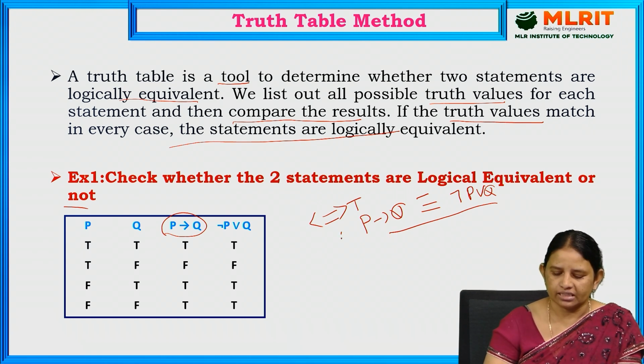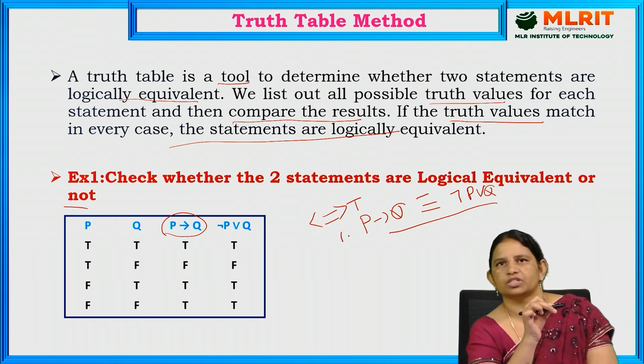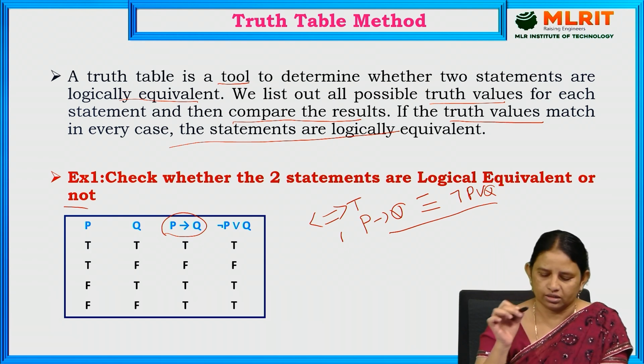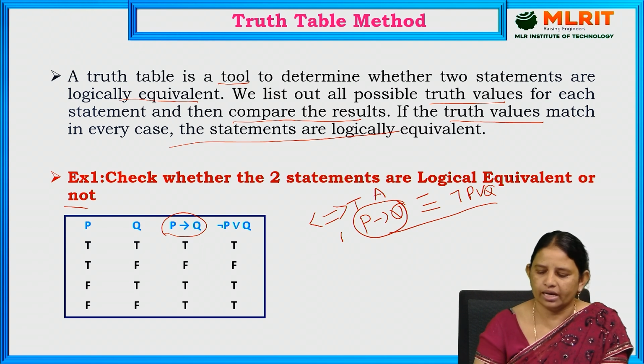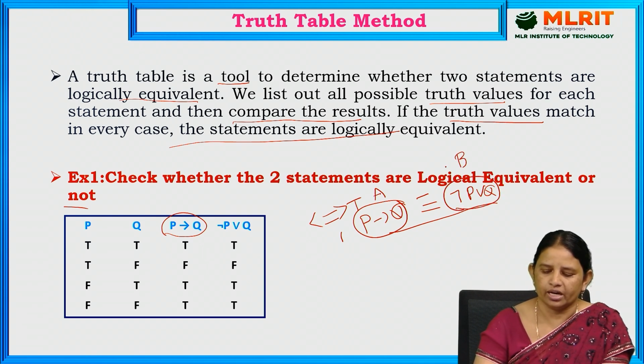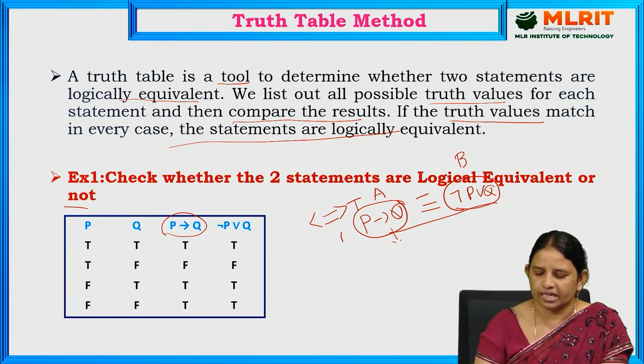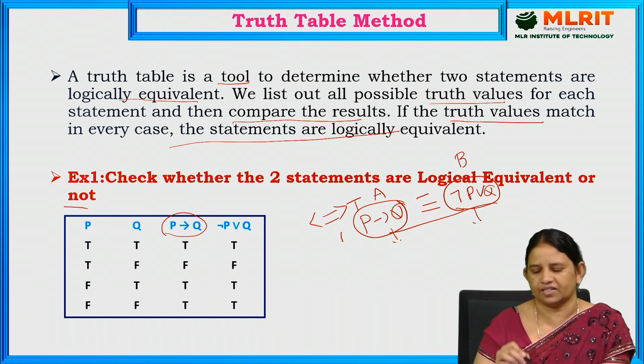There are two conditions to check whether they are equivalent or not. First, P implies Q is the statement formula A, and negation P or Q is the statement formula B. A equivalent to B means they have the same truth value. That is the first condition.